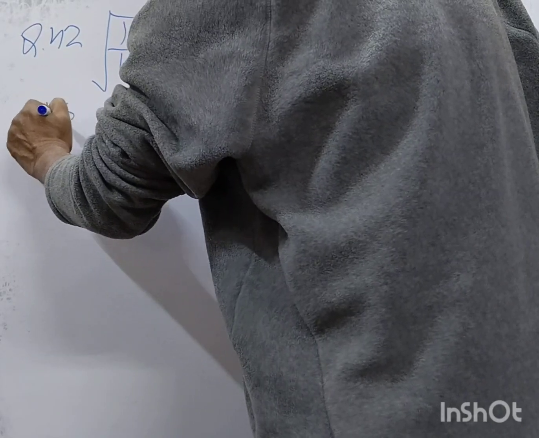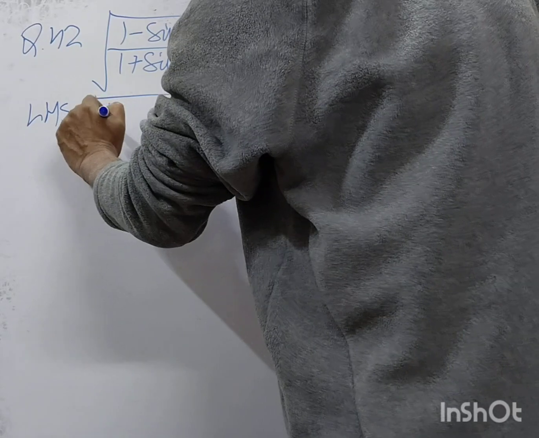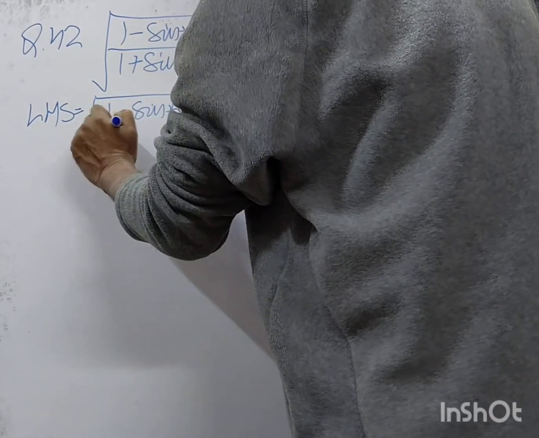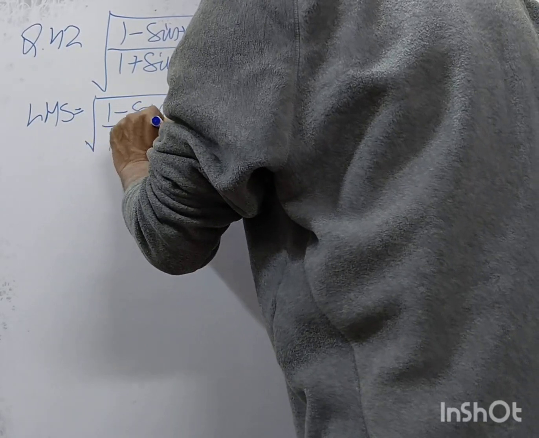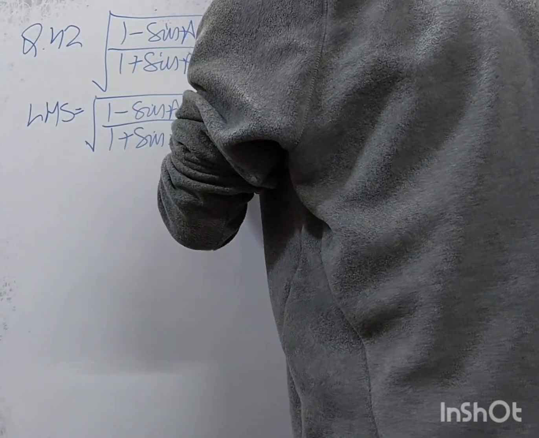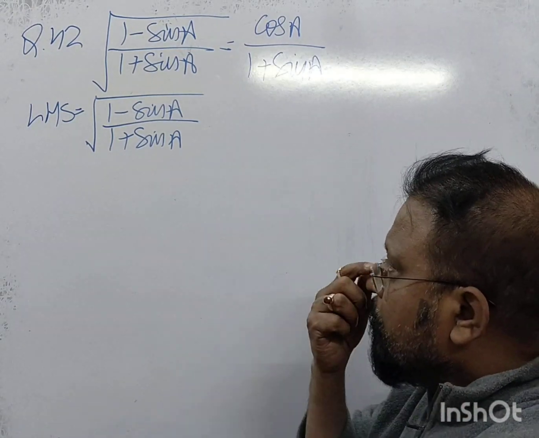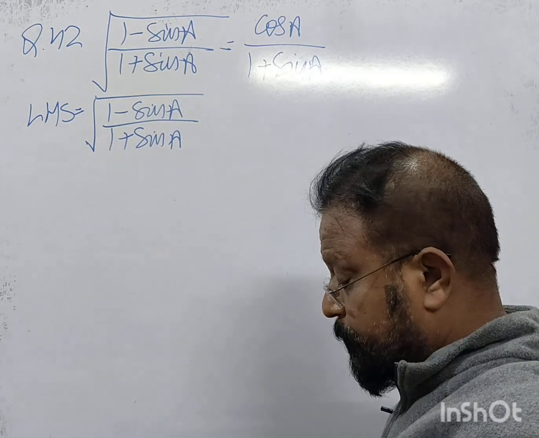So we have LHS, that is root over 1 minus sine A upon 1 plus sine A. So here we will rationalize the denominator.